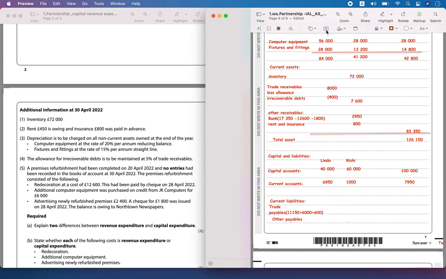So when you add up, it's going to be equal to 17,750.